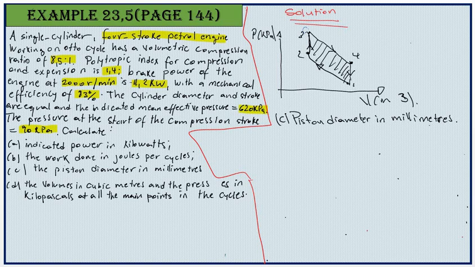So how can we determine the diameter? In order to determine the diameter, we need to have the stroke and the volume.